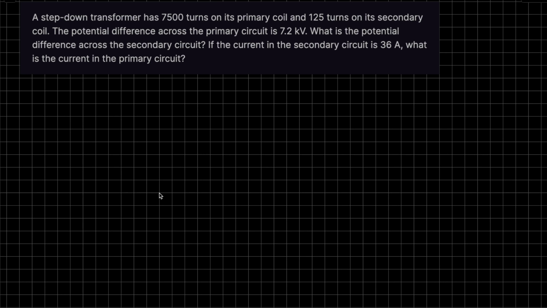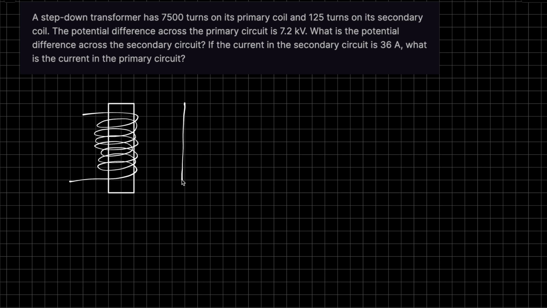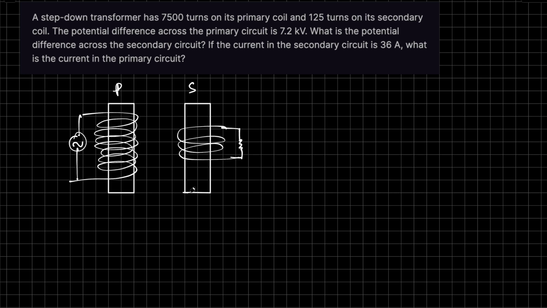So we have a step-down transformer. I'm going to draw a step-down transformer. Number of turns in the primary is greater than that in the secondary. We provide input here and we take output from here. This is primary, this is secondary. 7,500 turns on its primary, so this is NP.